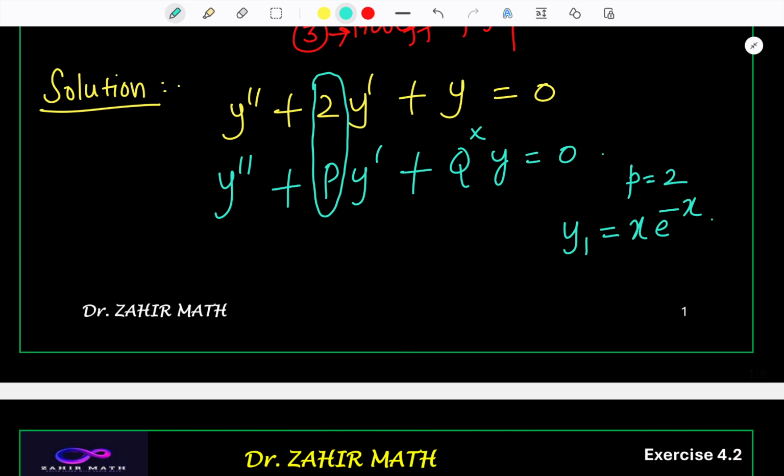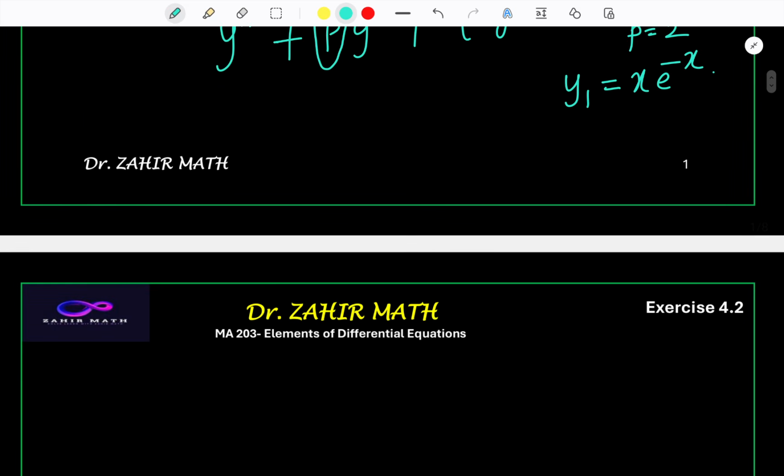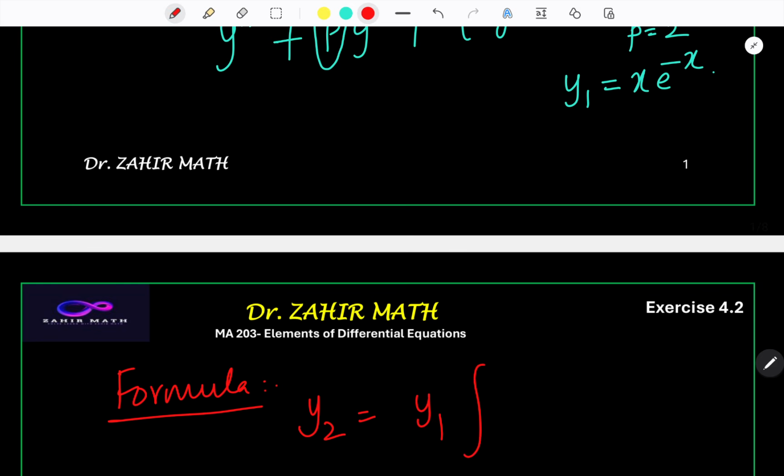Okay, so let's go to the formula. What is the formula? Let us write the formula for finding the second solution. y2 equals y1 integral e power minus integral p dx divided by y1 square dx. This is the formula.